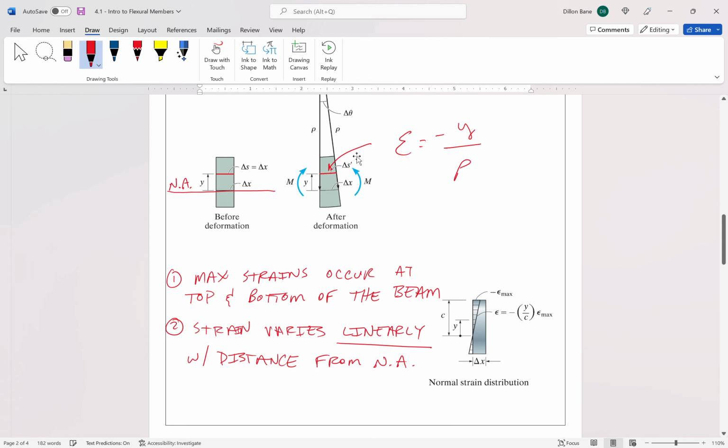Knowing this, we can come up with an equation in terms of y for what strain is at any point y, and this is what this little picture on the right represents.